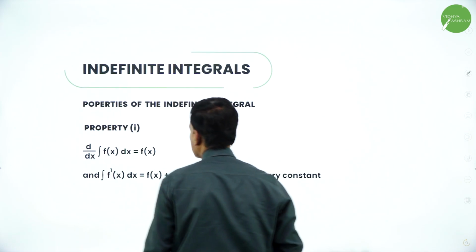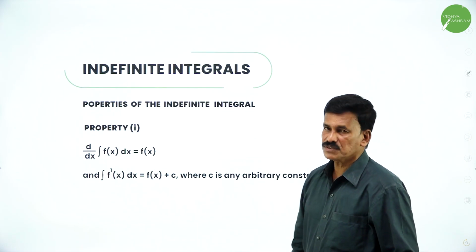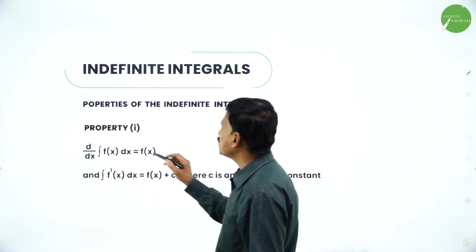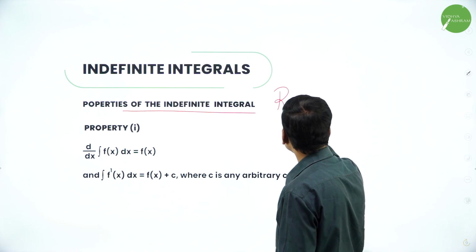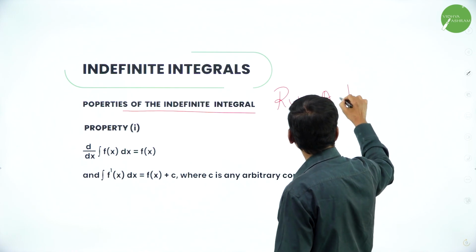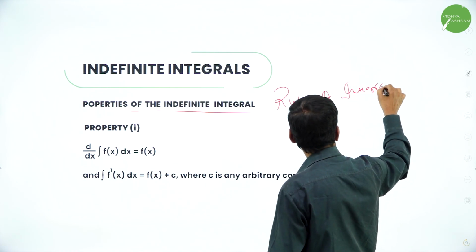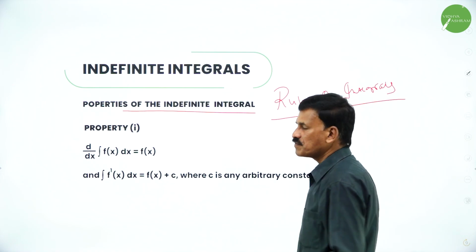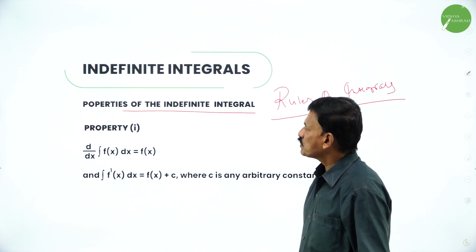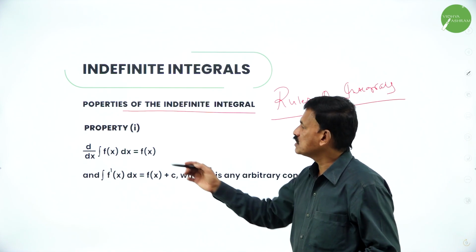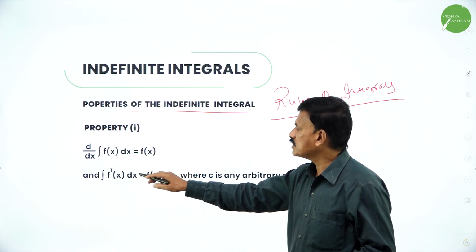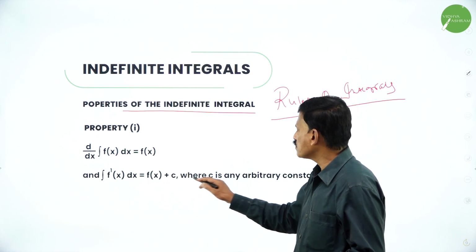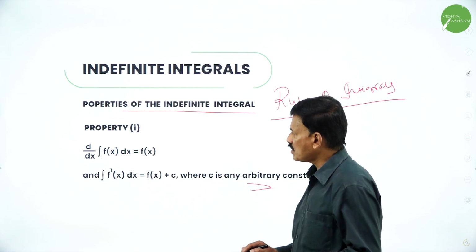Now, by knowing this, let us know regarding the properties of indefinite integrals, that is the methods of integration, called the rules of integration. So the first rule or first property: d by dx of integral of f dash x dx is equal to f of x plus c, where c is an arbitrary constant, right?